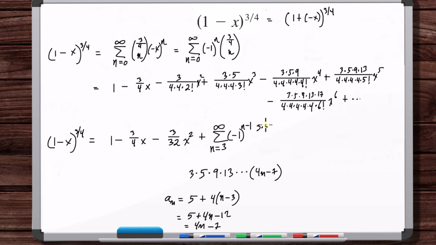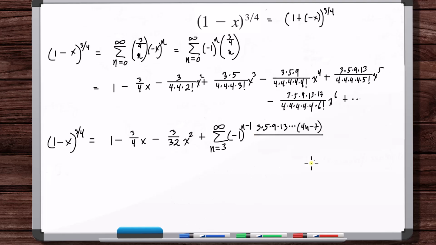So this is 3 times 5 times 9 times 13. Okay. And then over 4 to the n times, or no, just n factorial.